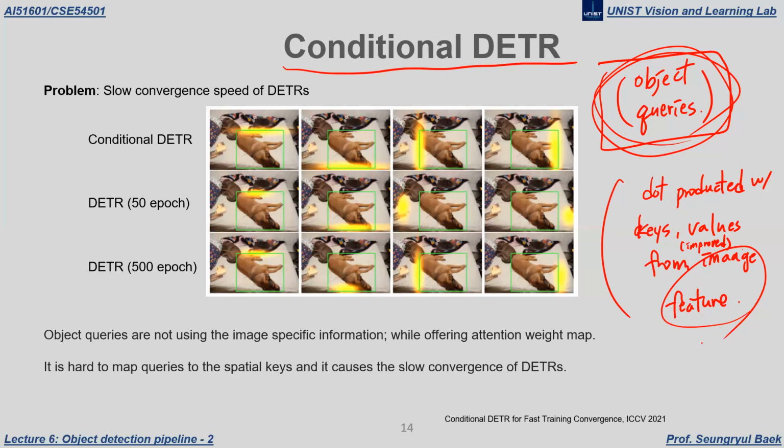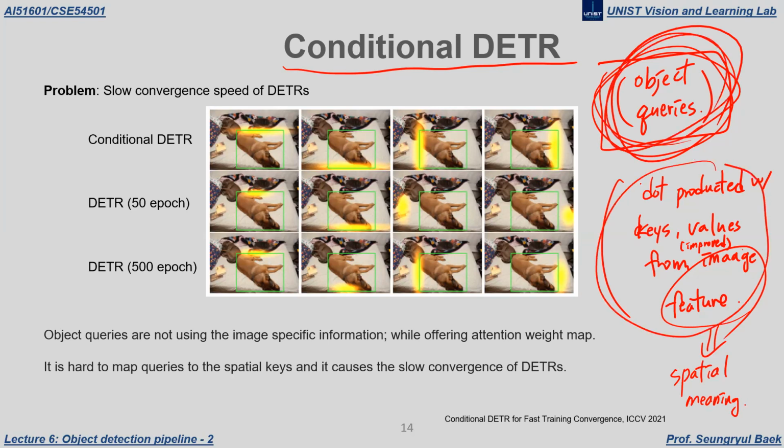These image features have some spatial meaning, but object queries do not have that kind of meaning, okay? And actually, they are cross-attended to infer some bounding box information which has spatial meaning again, okay?